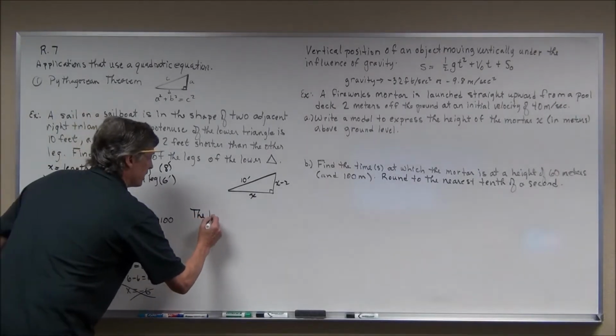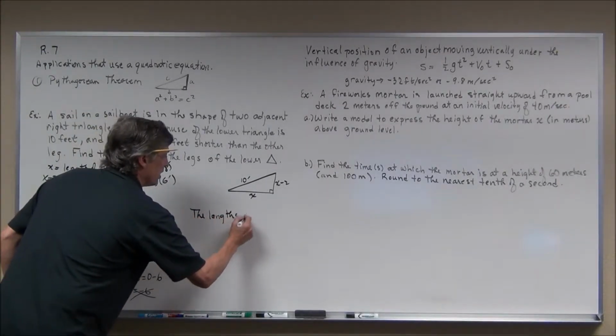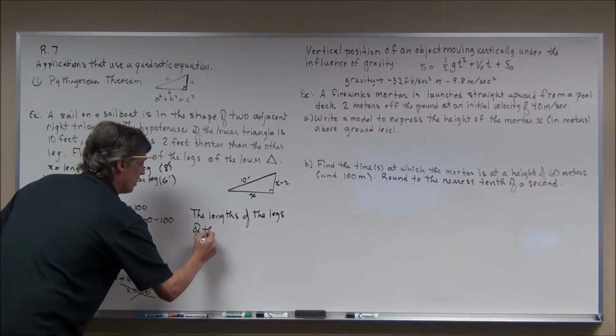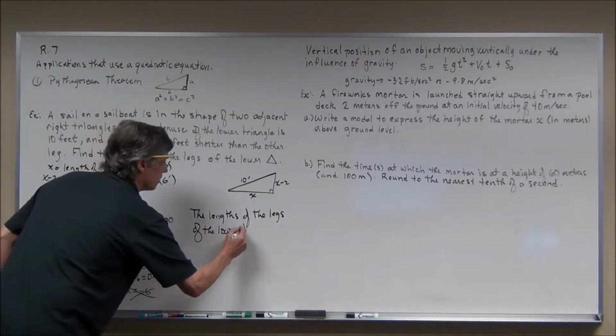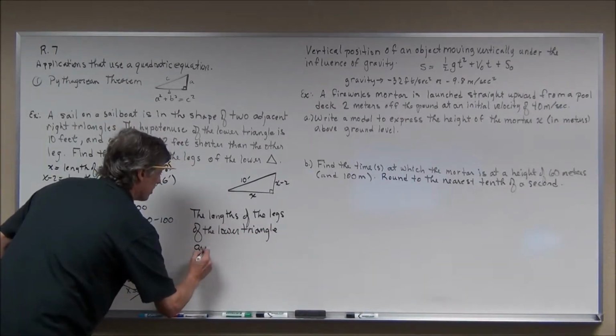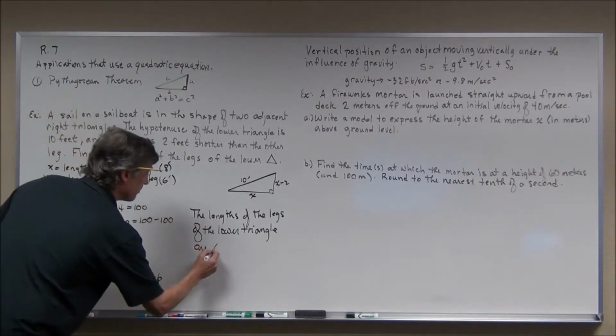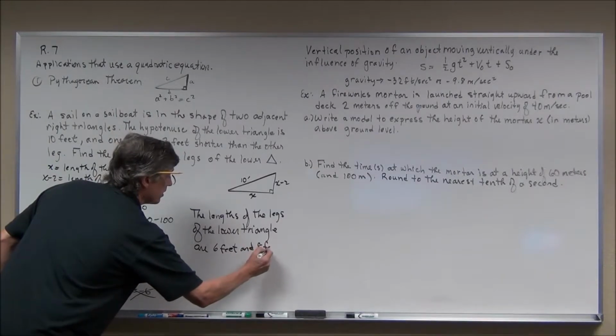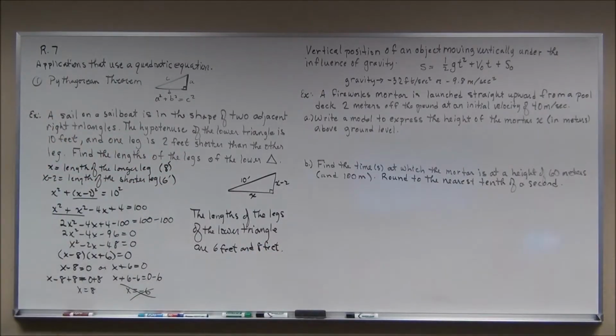Last step, the lengths of the legs of the lower right triangle are 6 feet and 8 feet. And there's my answer. And if you remember your Pythagorean triples, you remember the 3, 4, 5. Well, this is a multiple of that, the 6, 8, 10. Well, my computer's happy anyway.